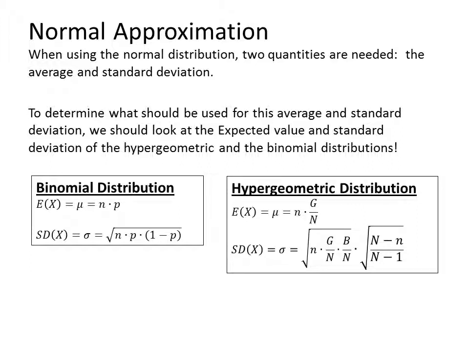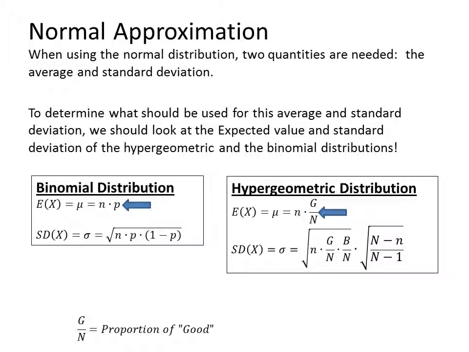Now, you might wonder, well, which one should we use? Should we use this, or should we use this? Well, it turns out that these are actually more or less the same. Notice that if you take the number of good items in your sample divided by the total population, that is simply going to be the proportion of good, which is the same as p, the probability of being good.